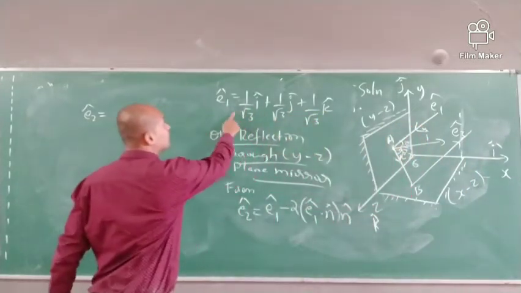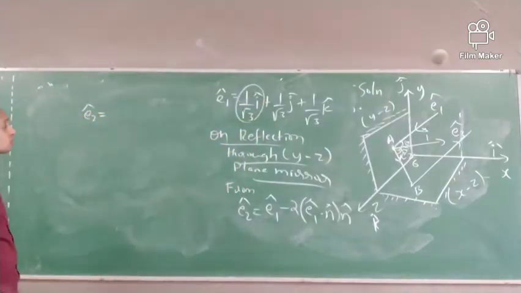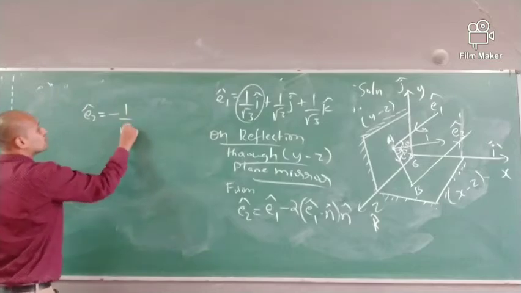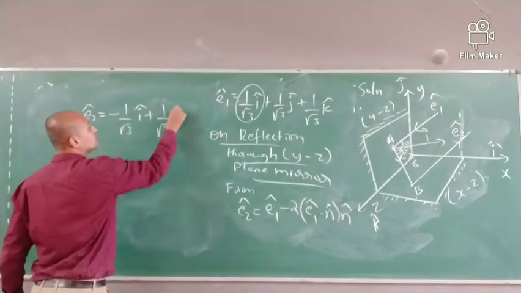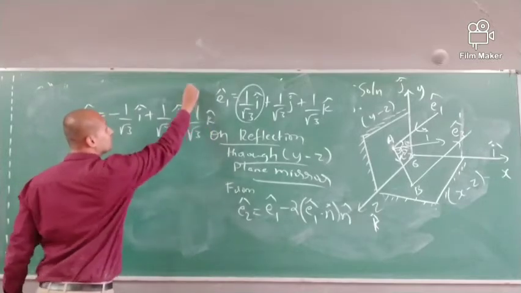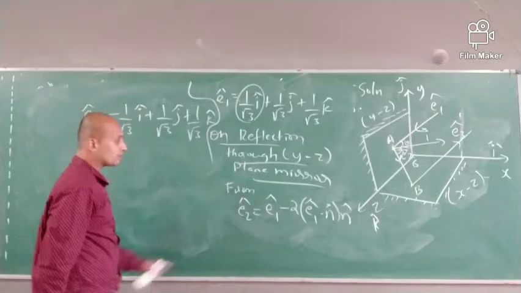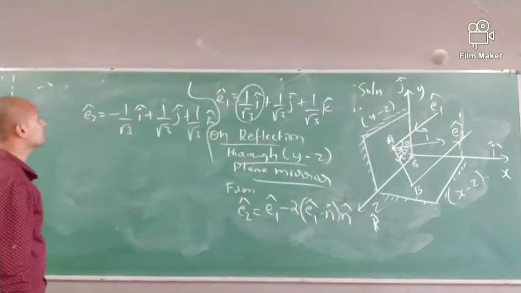So the I cap component is going to change. So E2 will become minus root 3 I cap. According to the previous problem, I am taking it directly. This is going to be like this.